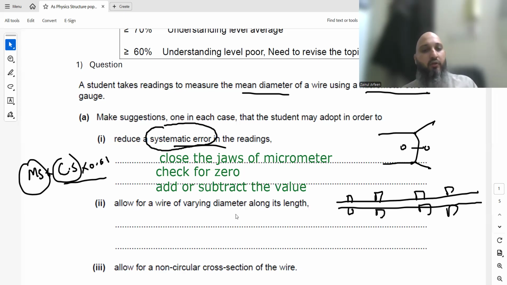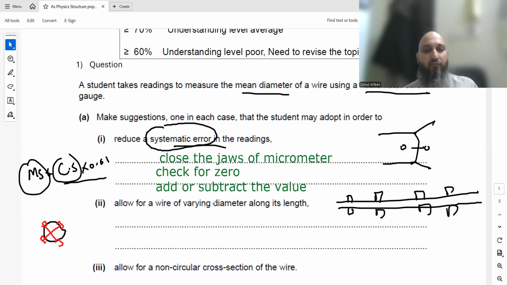The last part: allow for a non-circular section of a wire. If the wire does not have a circular section, then we should measure the diameter with different orientations. Place the micrometer at different orientations so you can get an average diameter of it.